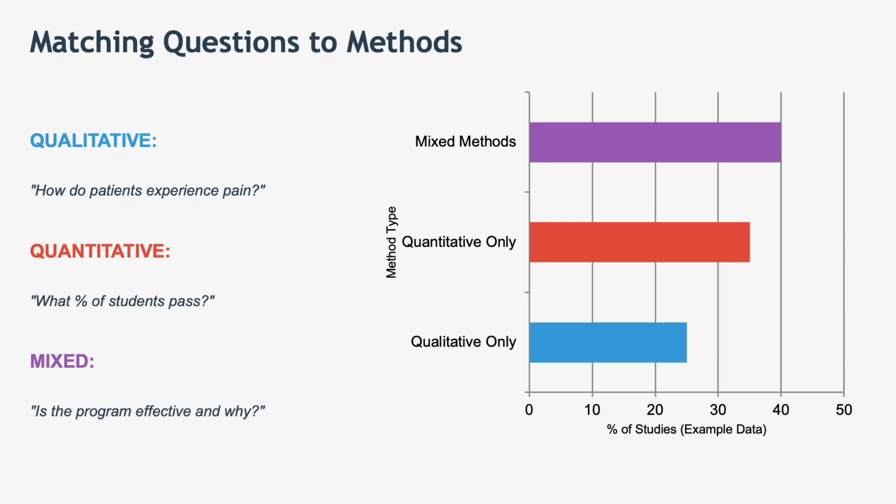The chart on the right shows that in contemporary research, we're seeing increasing use of mixed methods approaches, with about 40% of studies now incorporating both qualitative and quantitative elements, while 25% remain purely qualitative and 35% purely quantitative, reflecting a growing recognition that complex problems often require multiple perspectives and methodological flexibility to fully understand and address.